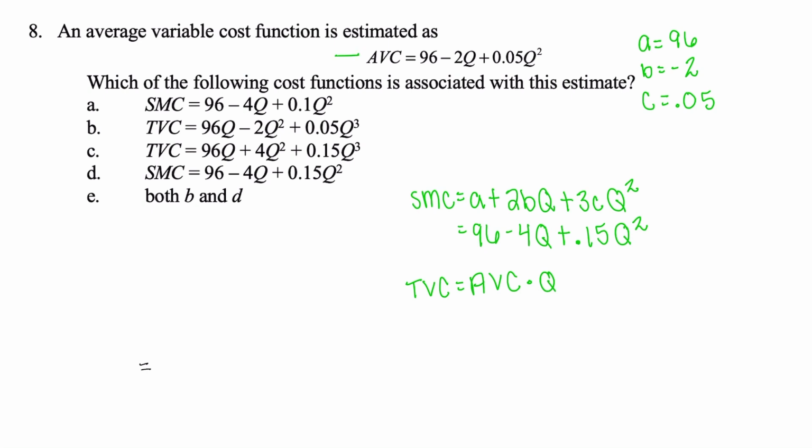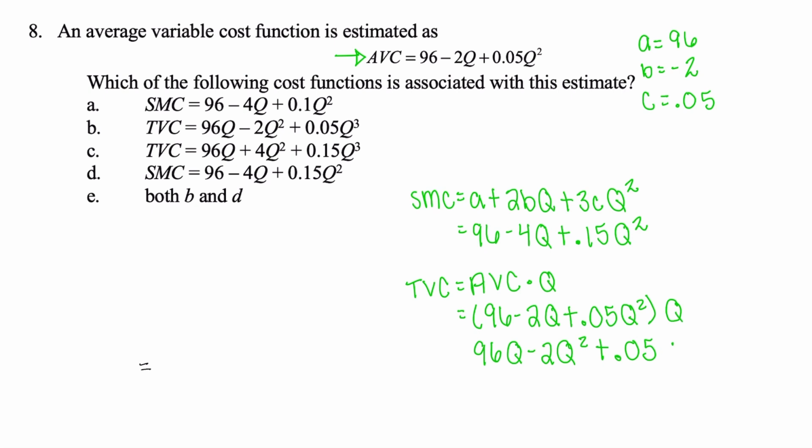And we have our average variable cost up here. So we're going to have 96 minus 2Q plus 0.05Q squared times Q. So 96Q minus 2Q squared plus 0.05Q to the third.